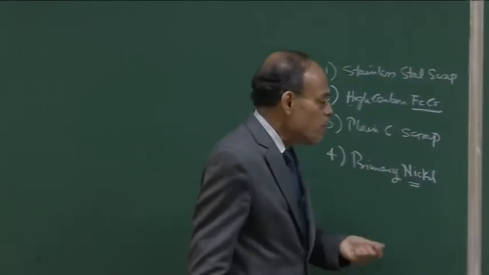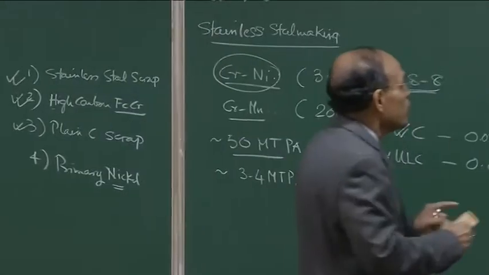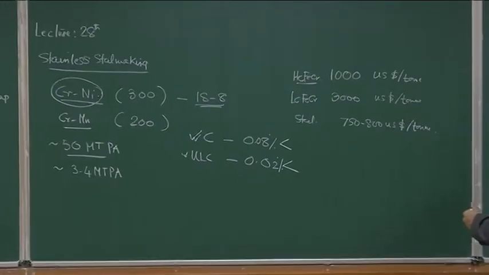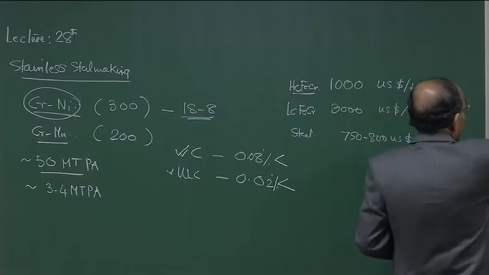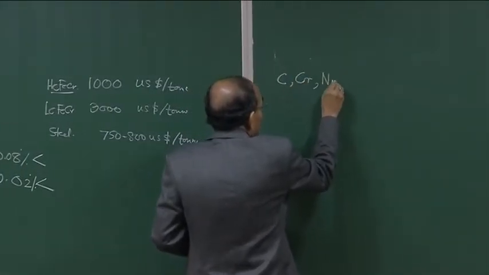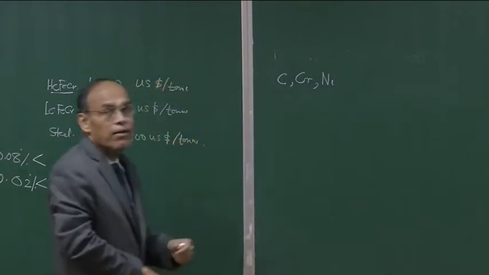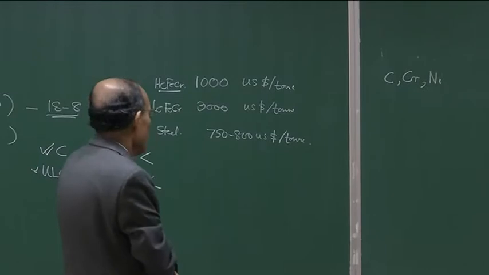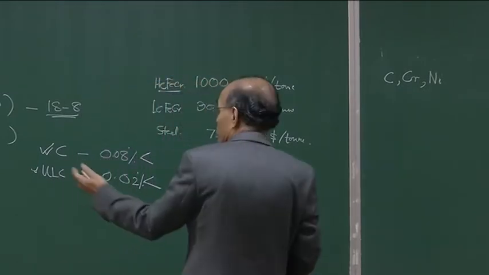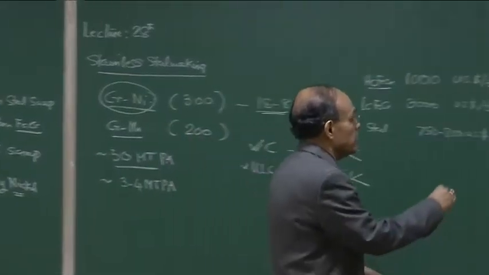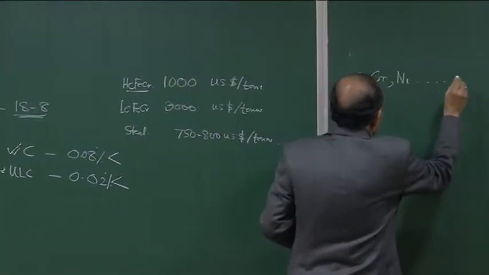The charge at meltdown will contain chromium, some nickel and possibly some other kinds of impurities also, phosphorus, silicon, etc., which may come from the plain carbon scrap.